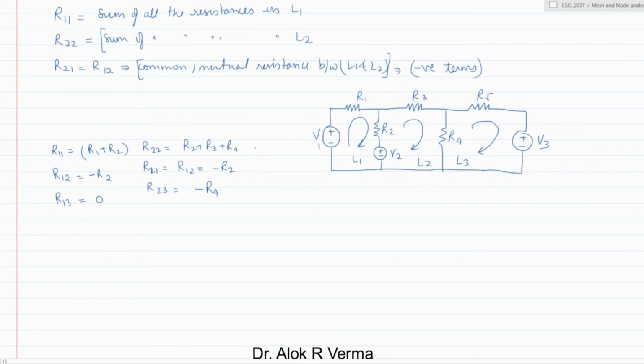Similarly, what is R33? It is nothing but R4 plus R5. What is R13? Zero, and R31 as well. R13 and R31 will be 0. What is R32? Minus R4.